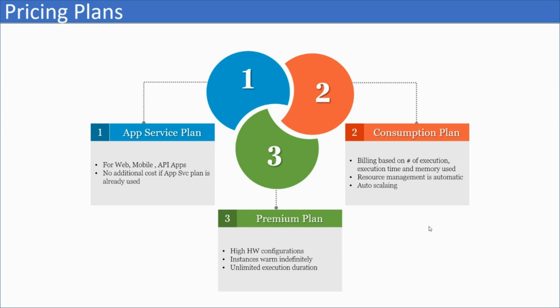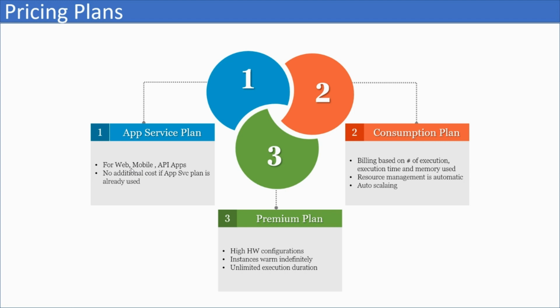Now let's see what are the different pricing plans which are available for Azure functions, which I referred to in the previous slide. Number one is the app service plan. You can choose this app service plan to run your Azure functions, for any function that you write for web development or for mobile or API apps.